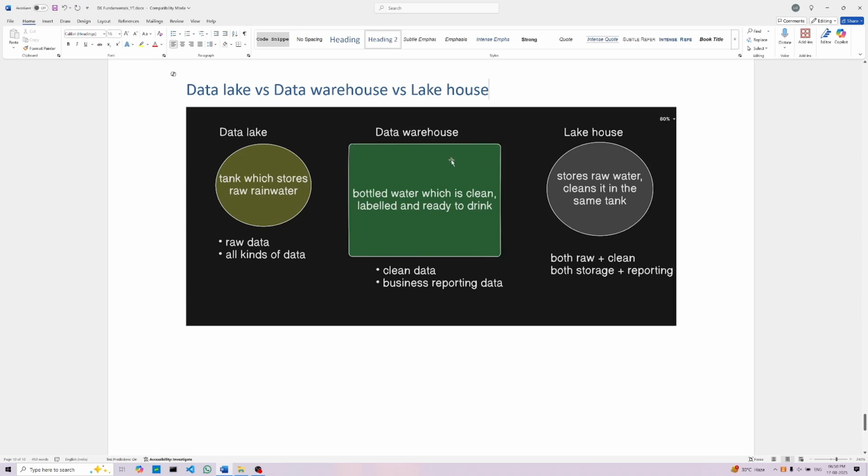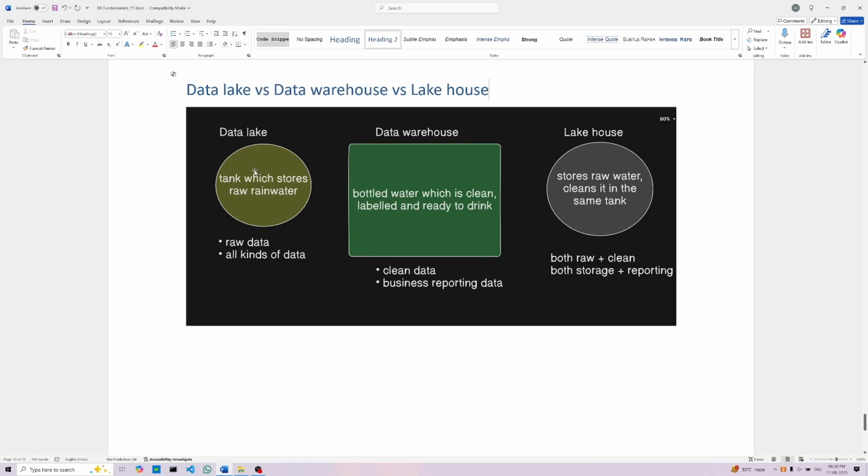So that clean water we will store in data warehouse. And let's say there is one tank which stores both raw water and clean water. So it stores both in some separate departments. So that will be lake house.